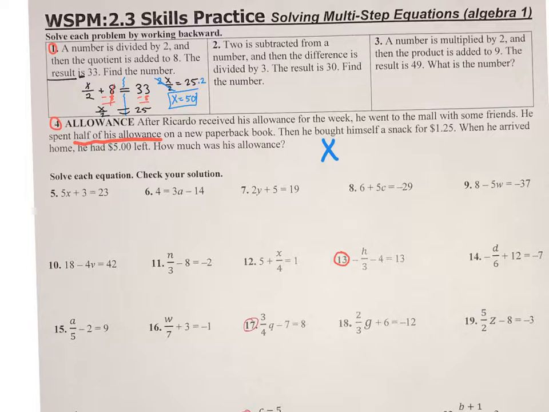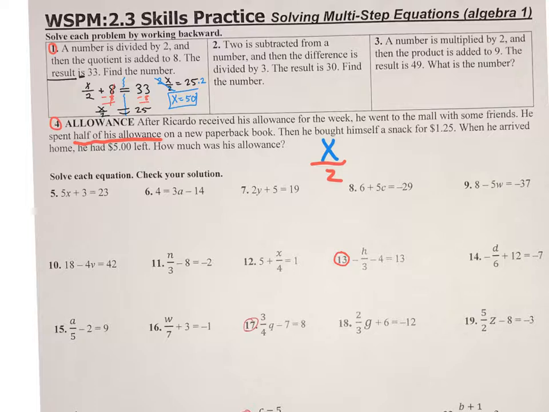Here's a fact. We do not know how much he got. That's why we called it X. But we do know that he spent half of it. So I'm going to put X divided by 2. That makes sense, doesn't it? Yes.